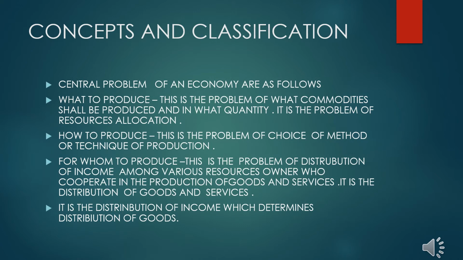The third problem is for whom to produce. Now, this is a problem of distribution of income among various resource owners who cooperate in the production of goods and services. It is a distribution of goods and services. So, it is the distribution of income which determines the distribution of goods.